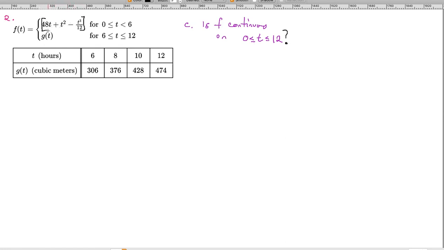We should know polynomials are continuous everywhere. Therefore, this top piece is continuous. Now, this bottom piece, g of t, they tell you that g of t is differentiable.